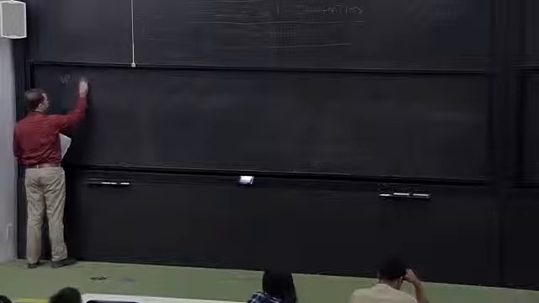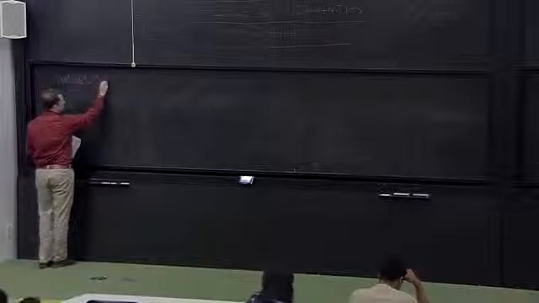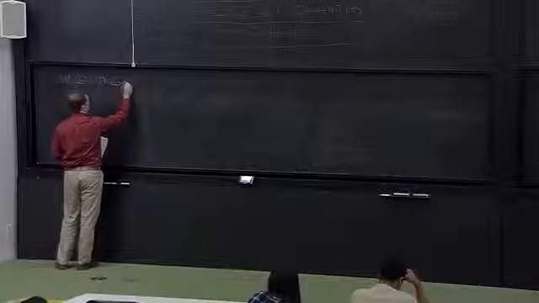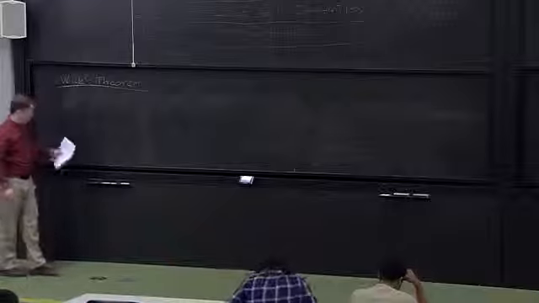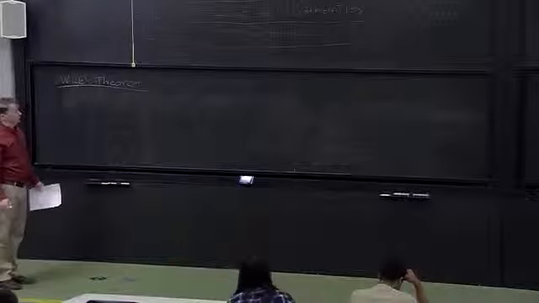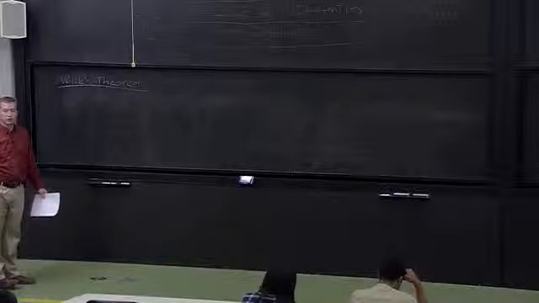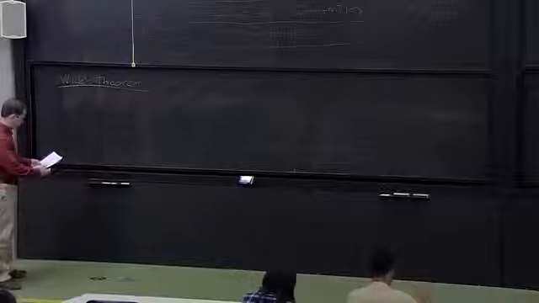So the final ingredient that will allow us to compute scattering amplitudes is known as Wick's theorem. And what Wick's theorem does is it relates time-ordered products of fields to normal-ordered products of fields.